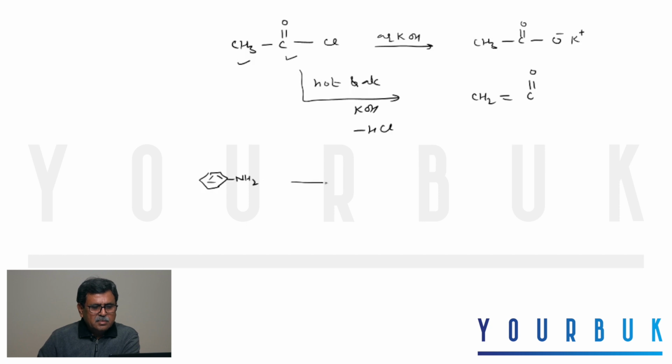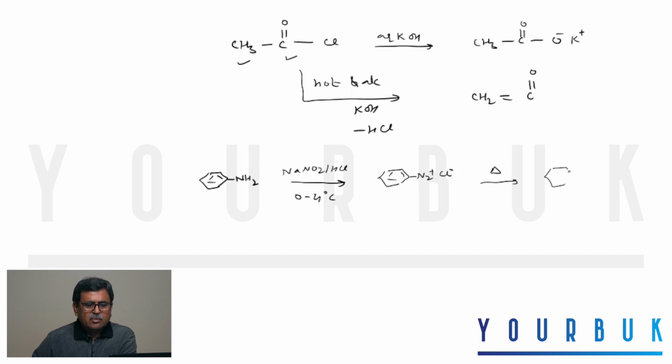When this aniline is treated with NaNO2 and hydrochloric acid, you have to mention the temperature 0 to 4 degrees Celsius, or you write ice cold solution. Only then is this diazonium salt formed, and it exists and is stable. Right? If you heat this, it will decompose to give phenol. So you have to be very careful about the conditions, these ice cold conditions, 0 to 4 degrees Celsius.